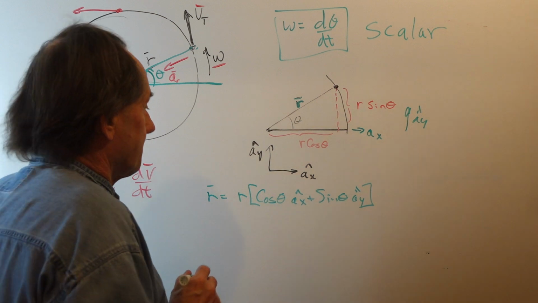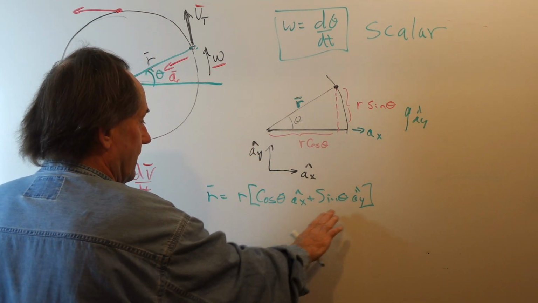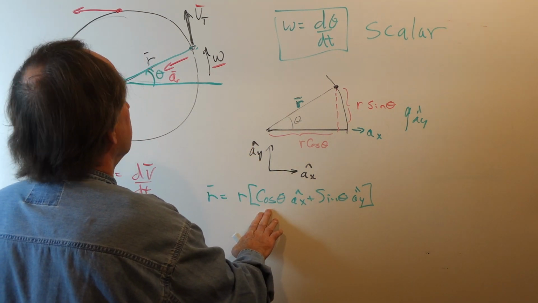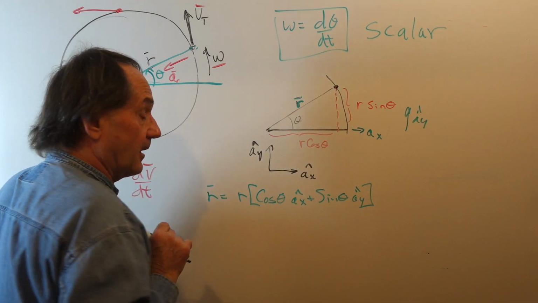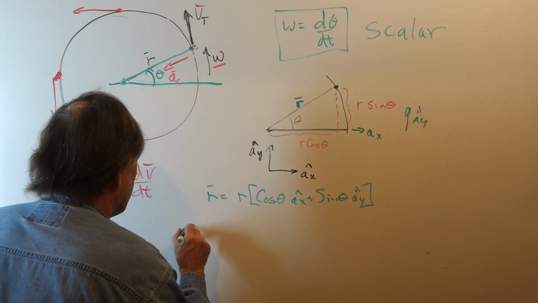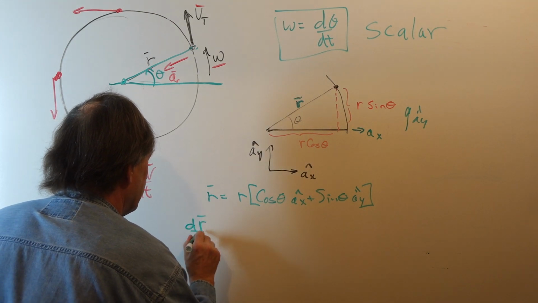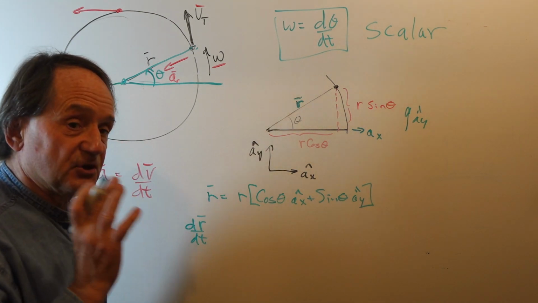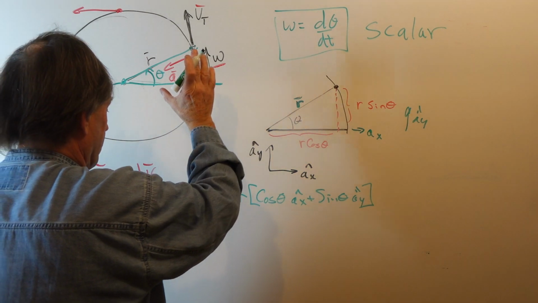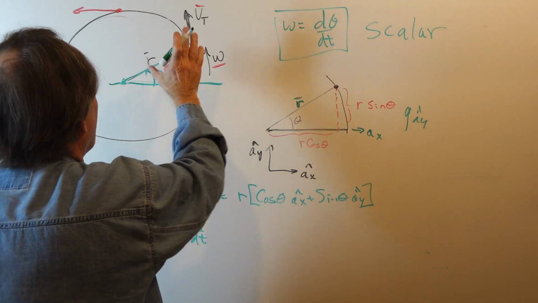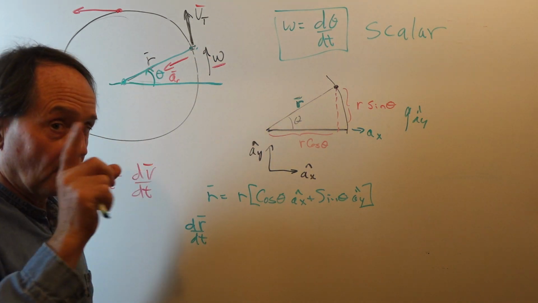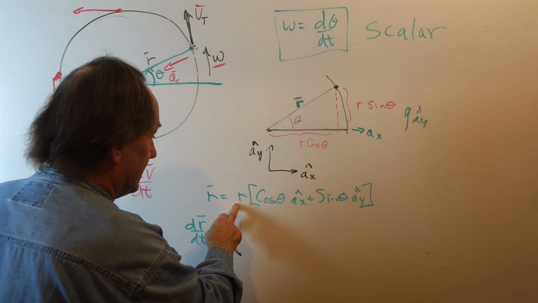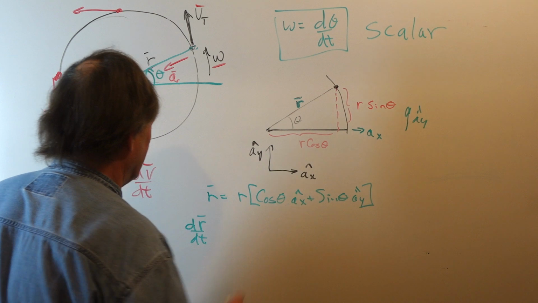Now, if I take the time derivative of r, the rate of change of r with time, the radial vector, it has both a magnitude and direction. Here's our magnitude, here's our direction information.